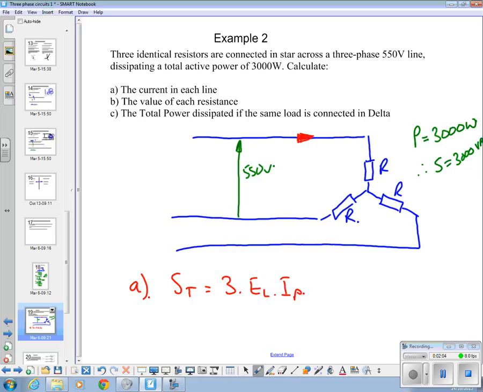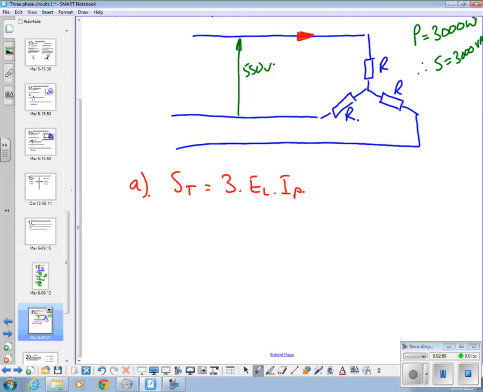And in this question we could say that that's P, because they're resistors and there are no complex parts.